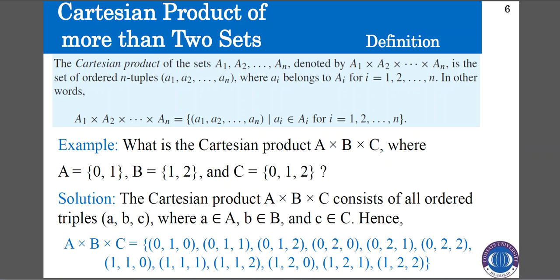For example, what is the Cartesian product A × B × C, where set A is equal to {0, 1}, B is equal to {1, 2} and C is equal to {0, 1, 2}? The Cartesian product A × B × C consists of all ordered triples (a, b, c), where a belongs to set A, b belongs to set B and c belongs to set C, and it is described as given on the screen.